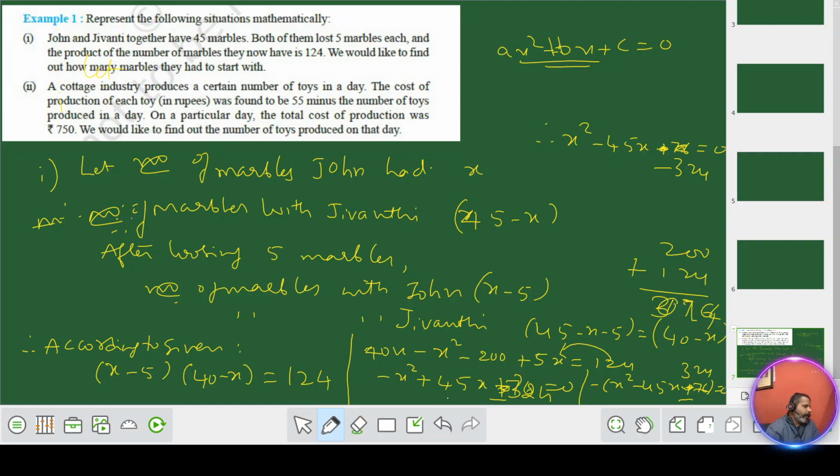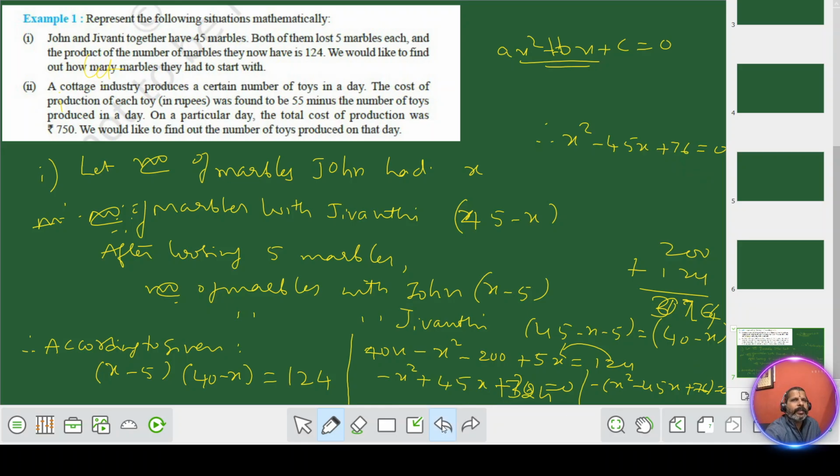So the equation finally will be x square minus 45x minus 324 equal to 0. Sorry, this will be plus. So my mistake again here. Taking minus common: x square minus 45x plus 324.